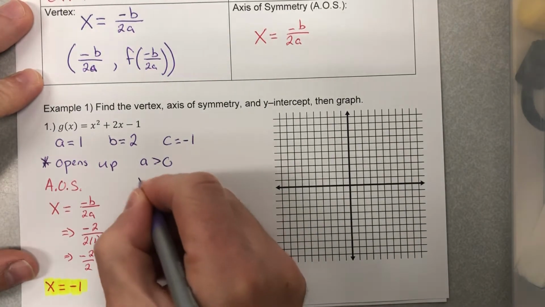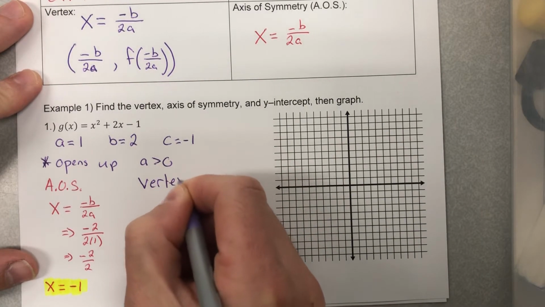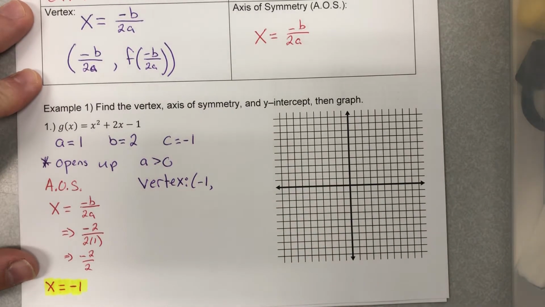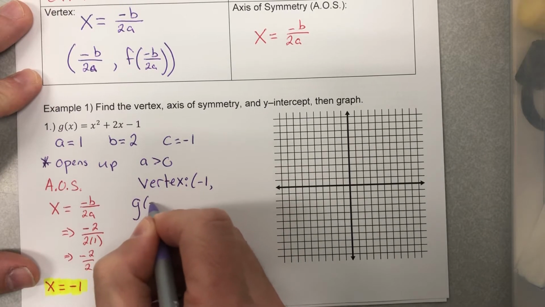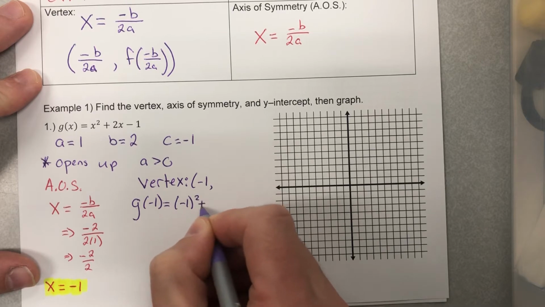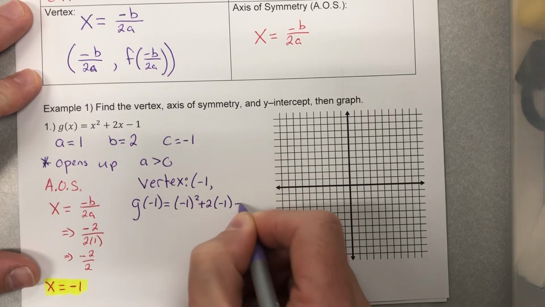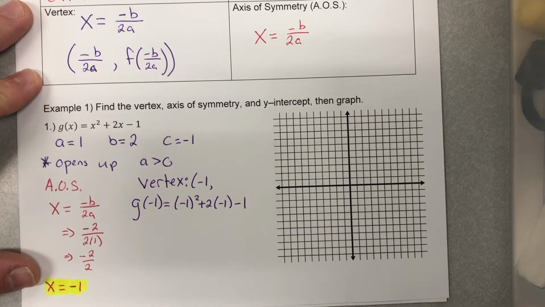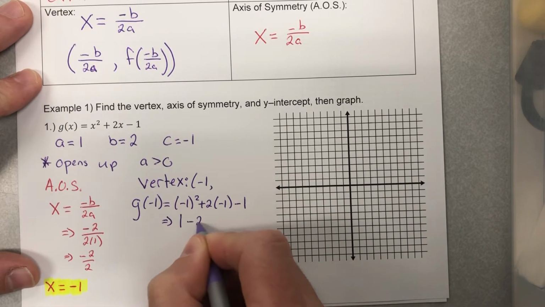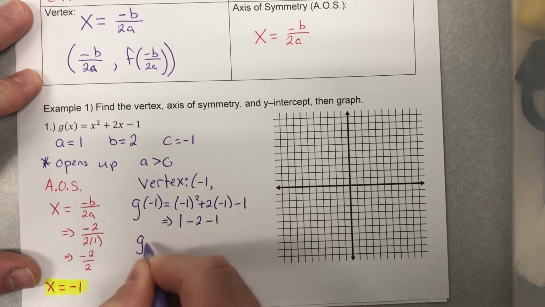Once we know the x-coordinate of our vertex is negative 1, we also need the y-coordinate. To find the y-coordinate, we plug in negative 1 wherever we see x. I'm now going to solve this. Negative 1 squared is 1, minus 2, minus 1.